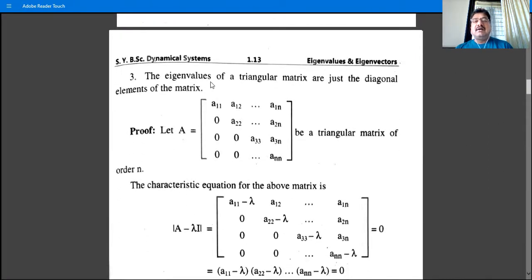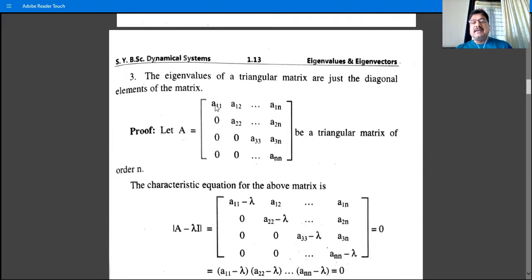Then, the eigenvalues of a triangular matrix. There are two types, upper triangular matrix and lower triangular matrix. Suppose this is the matrix, this is an upper triangular matrix.